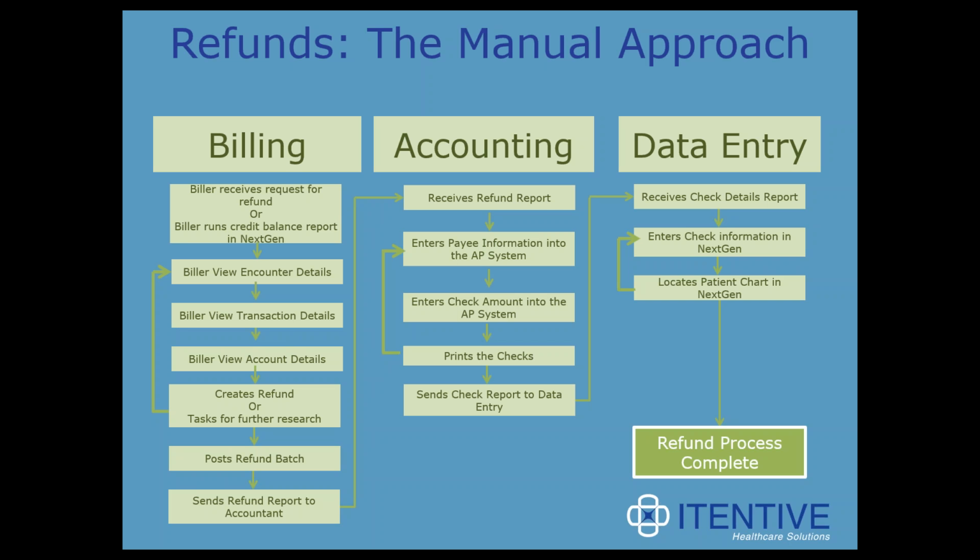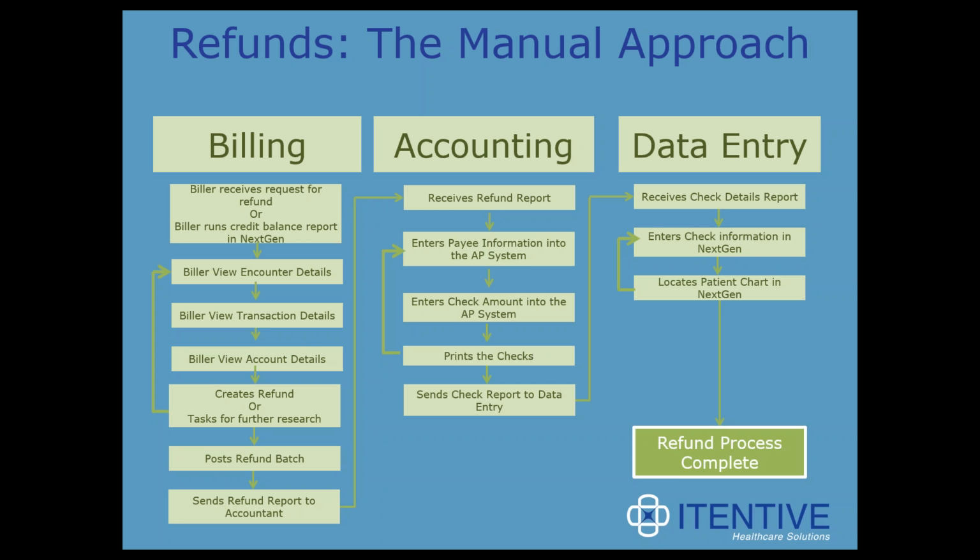When I say reactively, I mean a patient calls up and says, I have a credit on my account and I'd like to have a refund issued to me. On the other side, in a proactive manner, you print off a report and go through each credit balance on that report, and deal with it on a proactive basis. Whether you do that every week, every couple weeks, or once a month, you have a process in place where you're managing your credit balances proactively.